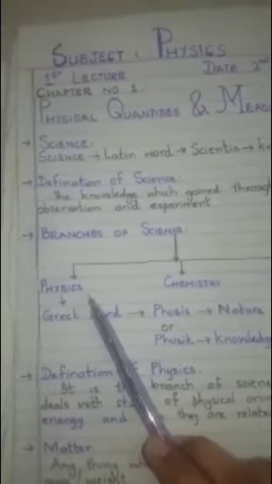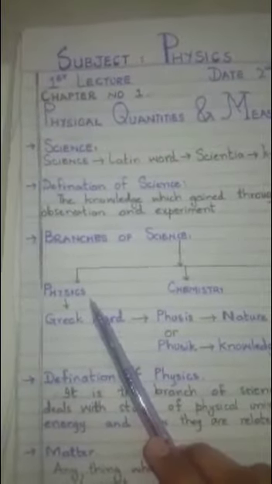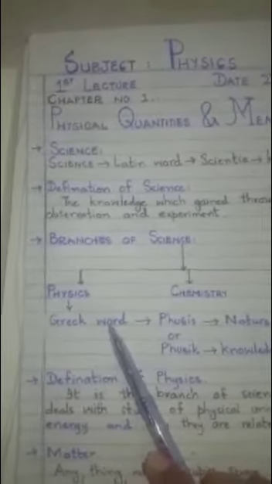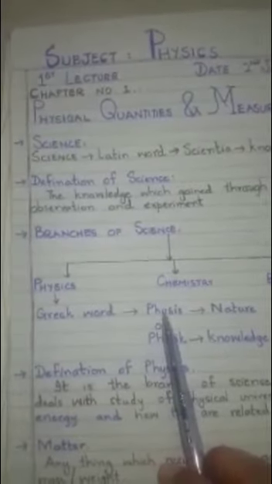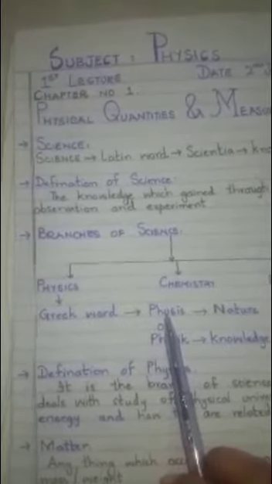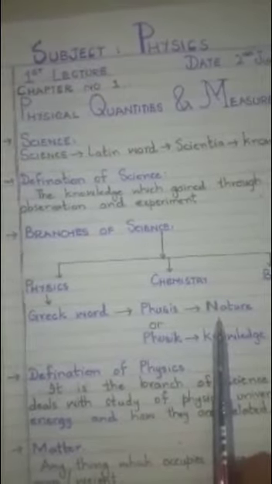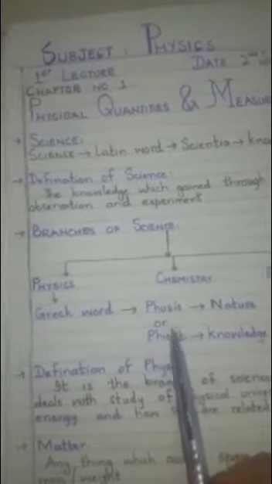What is physics? Physics is derived from a Greek word, fusis, and the word fusis means nature.